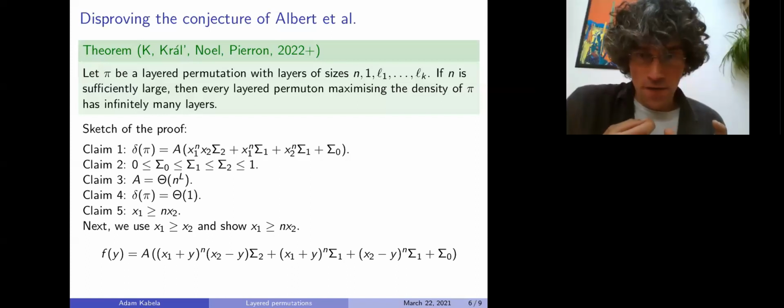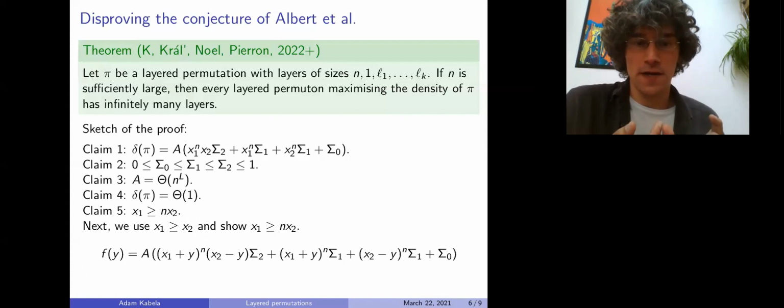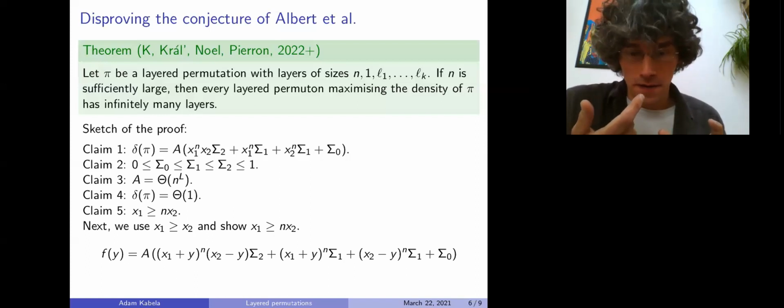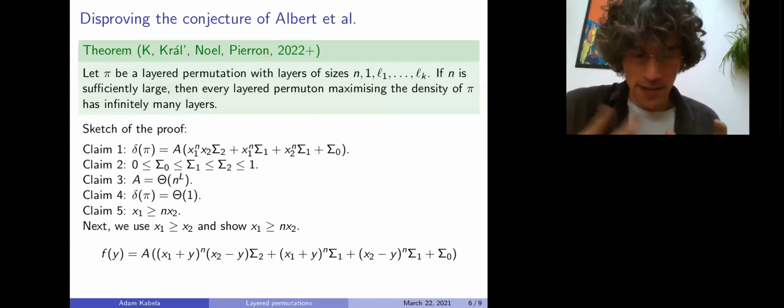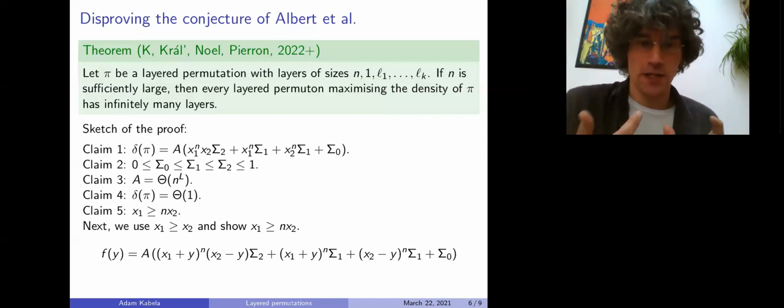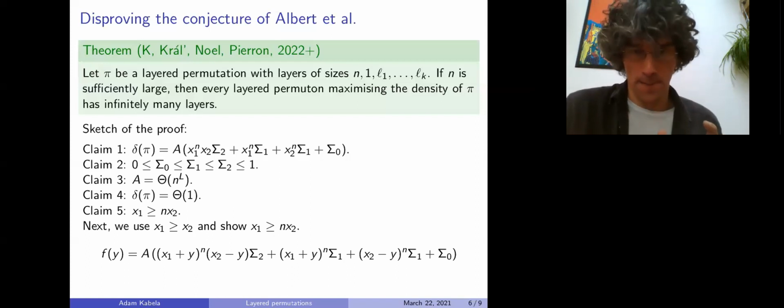And we think of the density in the resulting permutation as a function of y.